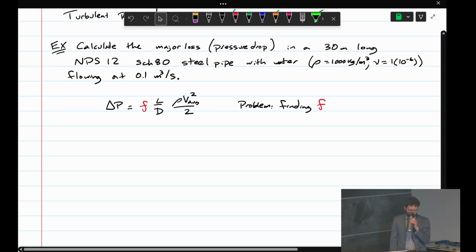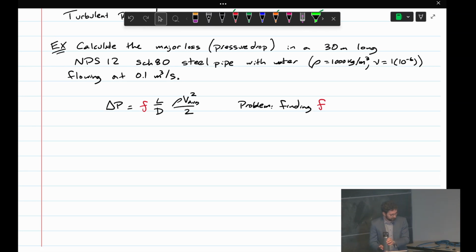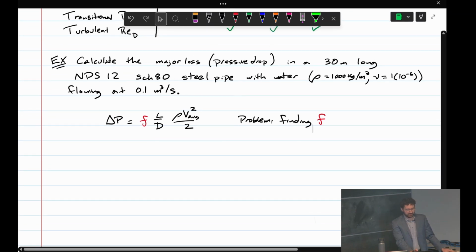Okay. So what's the first thing that I should check or do when I'm trying to find f? Calculate the Reynolds number. Very good.